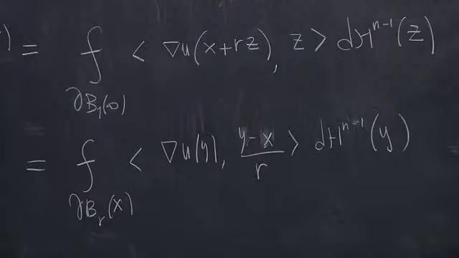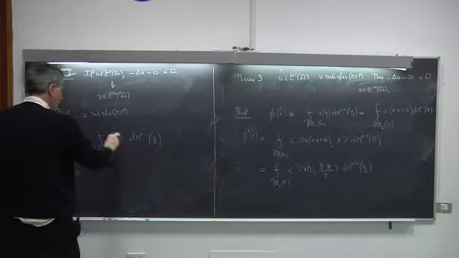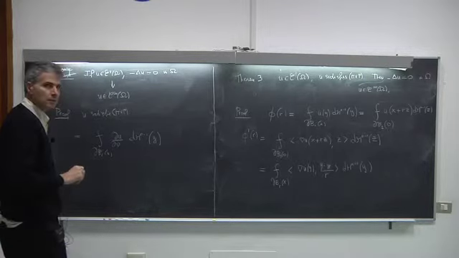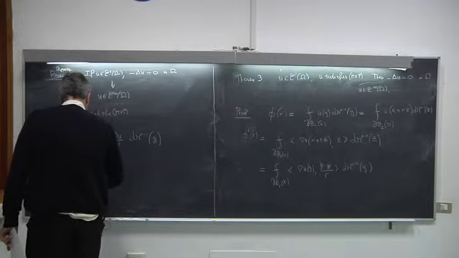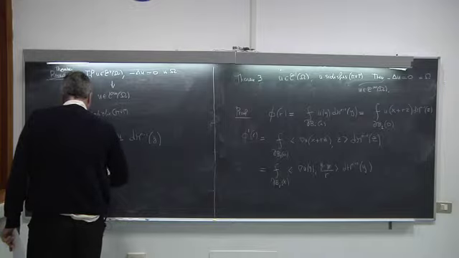Which we know to be equal, now we have integration by parts. So this is equal, let me divide it by the correct quantity, r to the n minus 1.